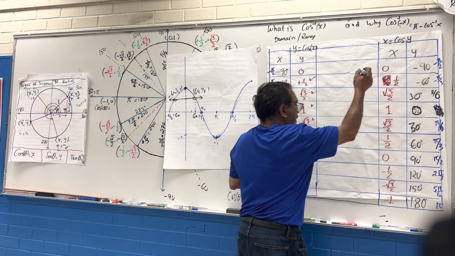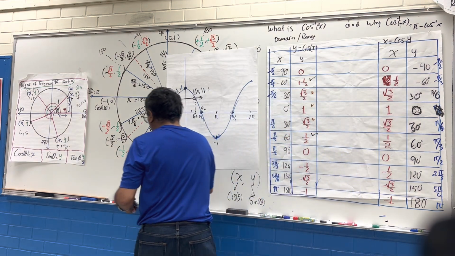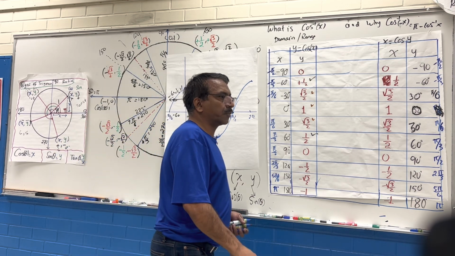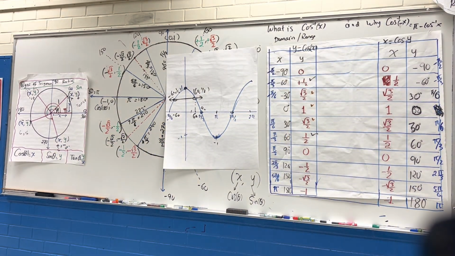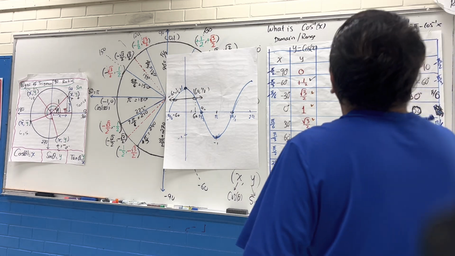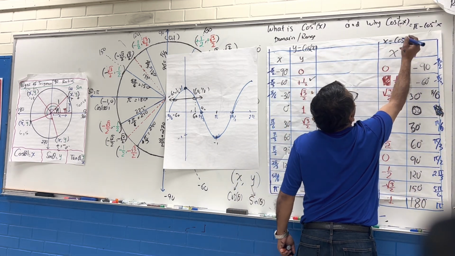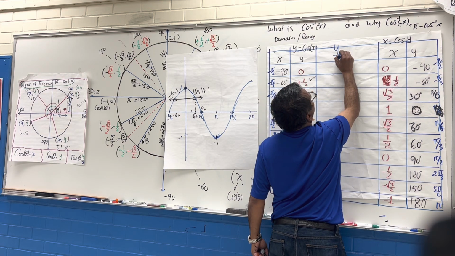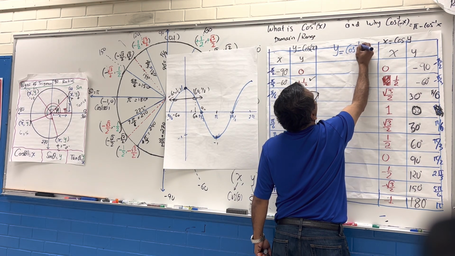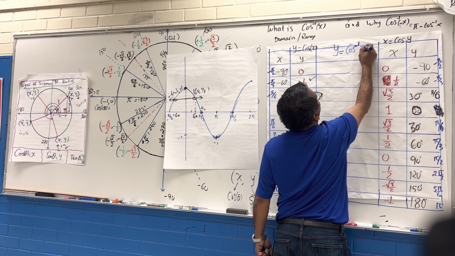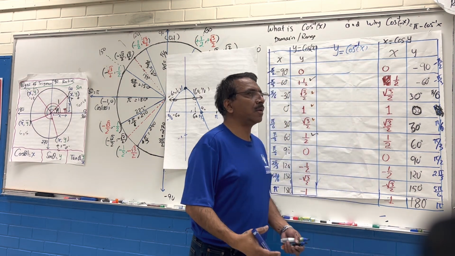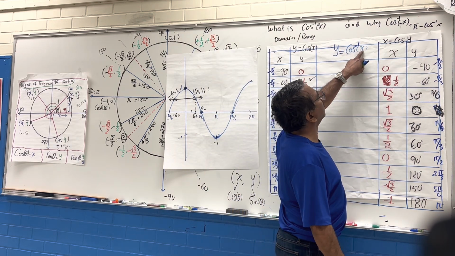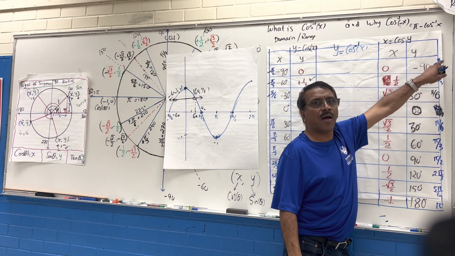So I will call it the inverse relation. y has to be written in terms of x, so I can write y equals cosine inverse of x. That's the symbol used to denote it. It means if I say y is cosine inverse of x, it means x is cosine of y.